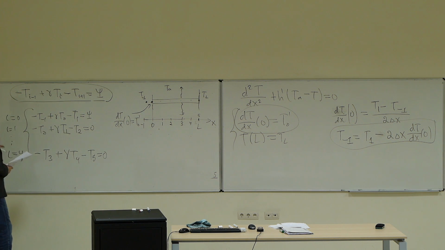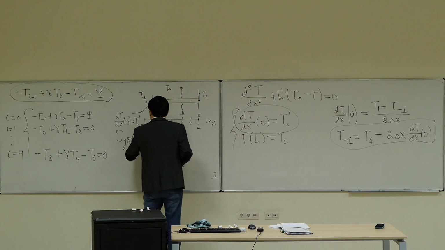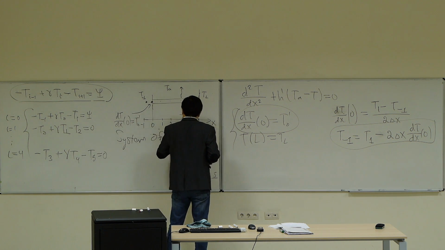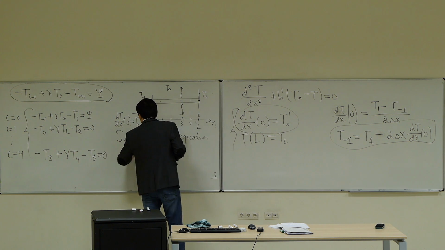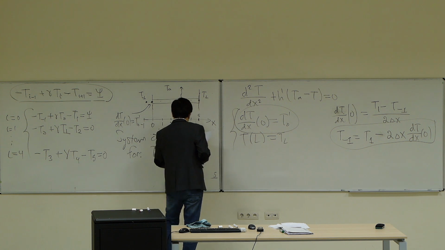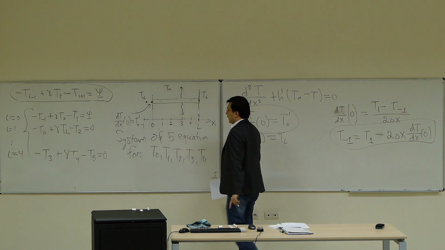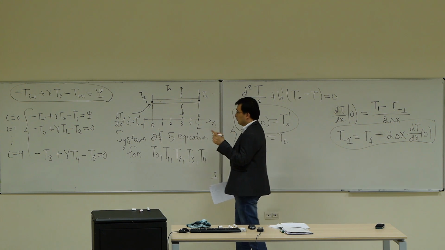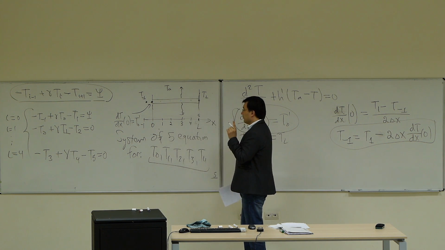Now what I get is a system of 5 equations for 5 unknowns: t0, t1, t2, t3, and t4. Okay? Instead of 4 in the previous case, when we had a direct boundary condition, now I have 5 unknowns. Why is it 5?